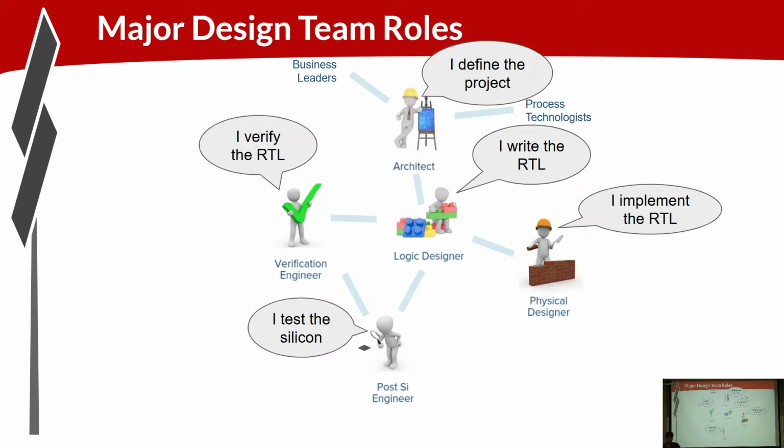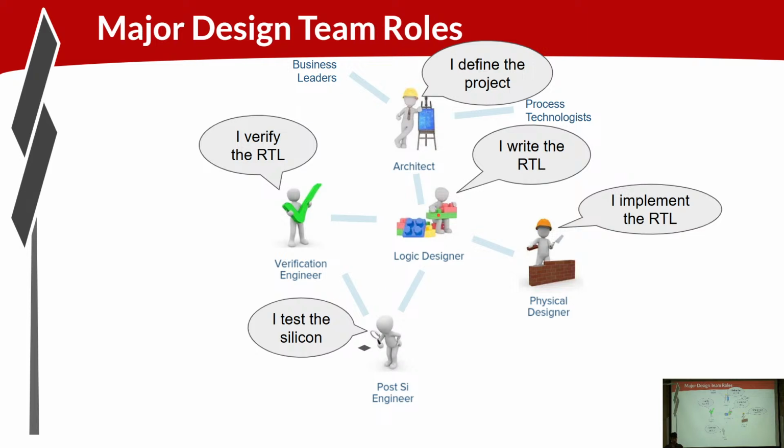So the logic designer, the verification team is responsible for verifying the functionality that's created by the logic designers. The implementation team is responsible for implementing the design that comes from the RTL. So they're direct consumers of the RTL.